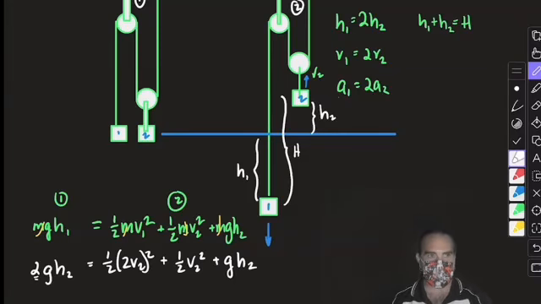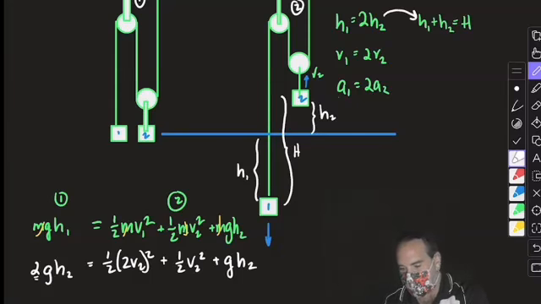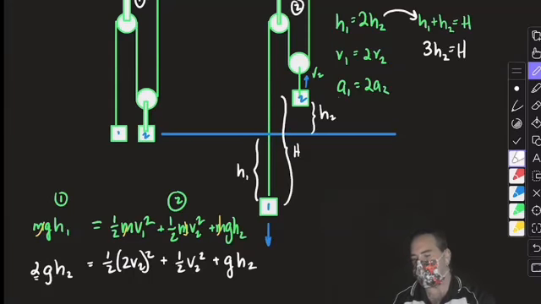Questions about that? Now, I don't want it in terms of H2 either, but I will point out that if I substitute here, I'll get 3H2 equals H. Now that's something. I can get this in terms of H now.